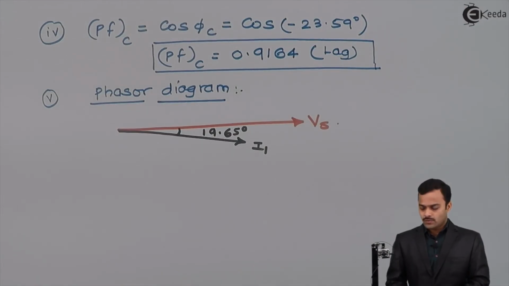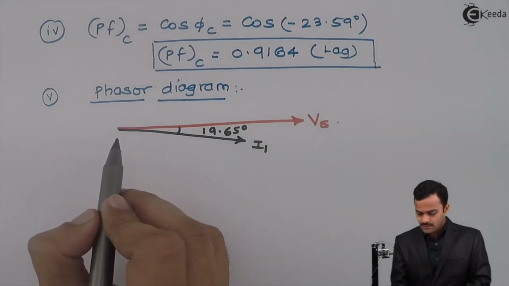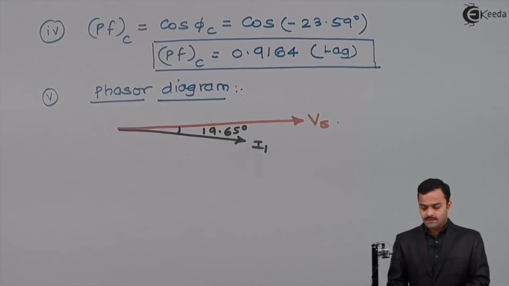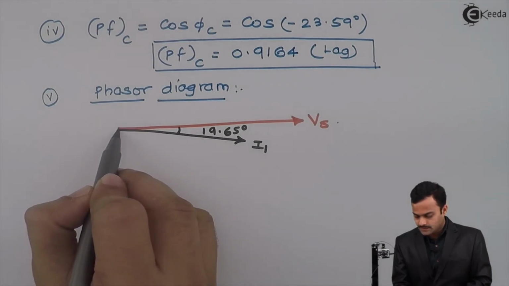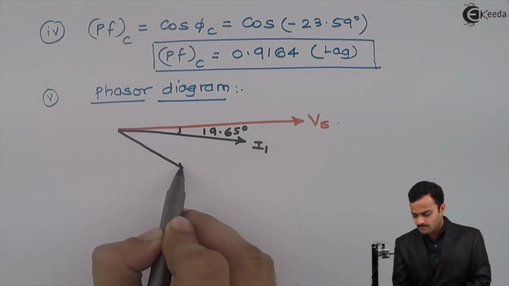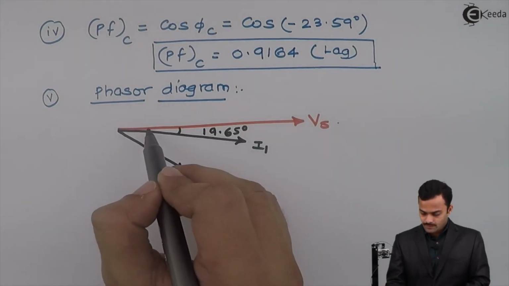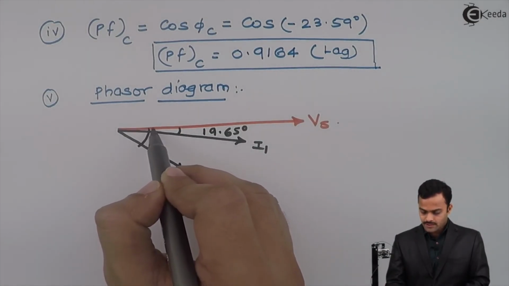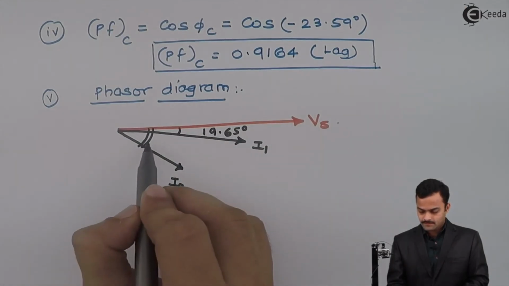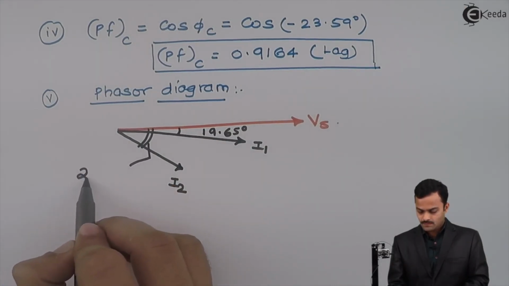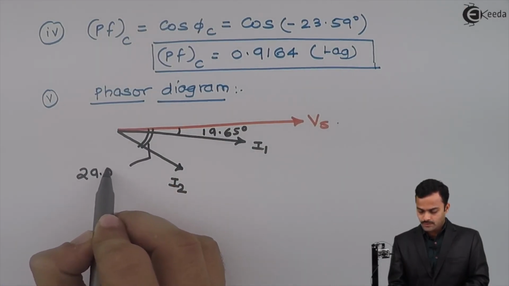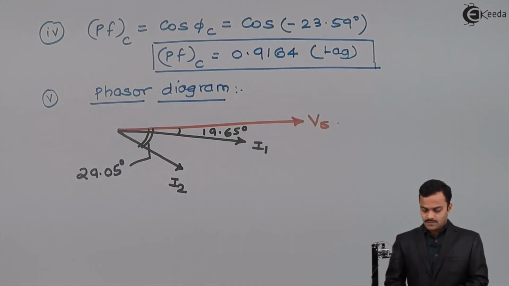Now the second current is I2, with value 9.72 at an angle minus 29.05, so having that magnitude it will be like this. The angle of I2 with voltage is 29.05 degree.